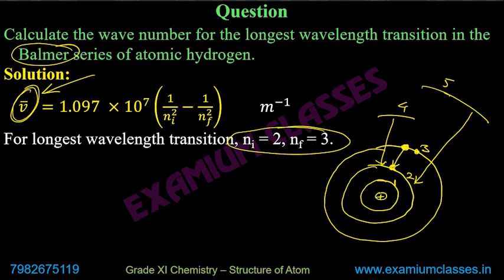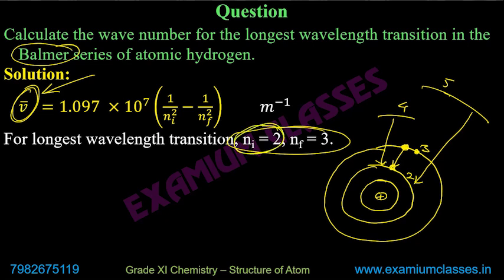This is something students make a mistake on very frequently. In any condition, n1 is always smaller than n final. So remember that n1 is always 2 for the Balmer series, 3 for the Paschen series, and 1 for the Lyman series, like that.